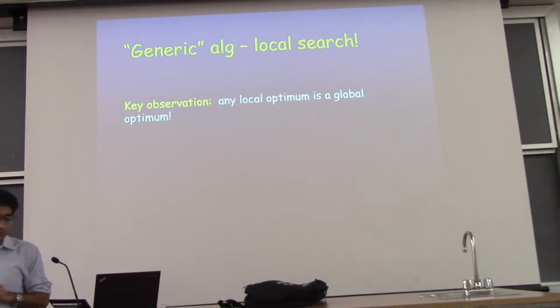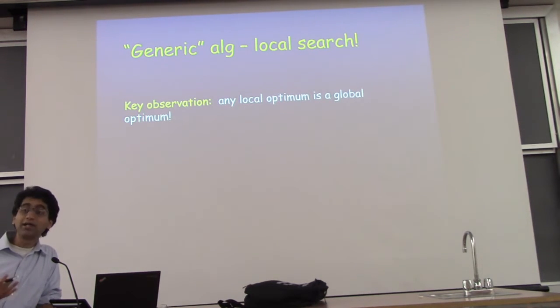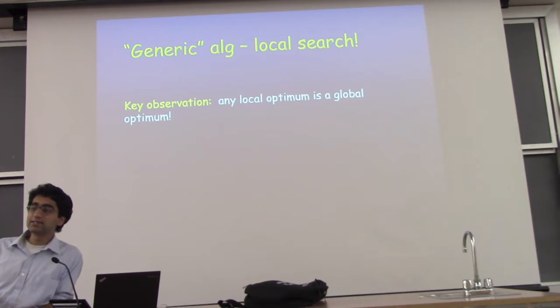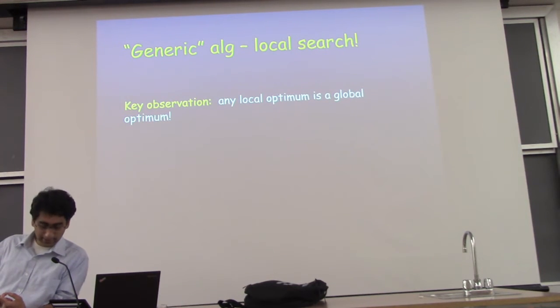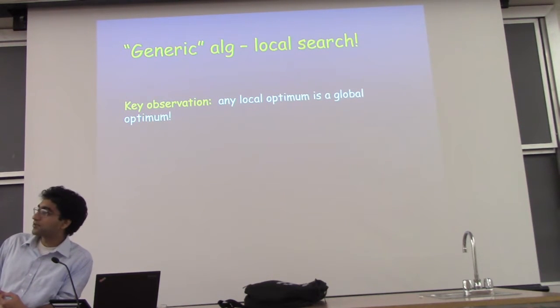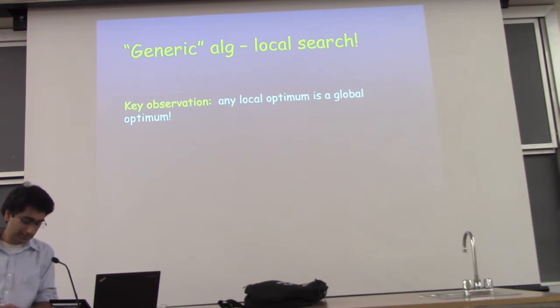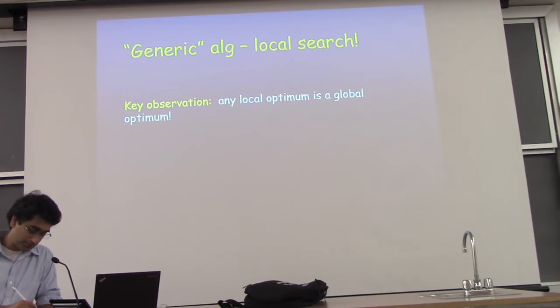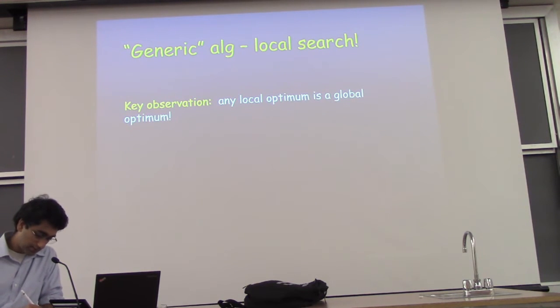All right. So what is an algorithm? I said that this is typically easy, which means you can solve it efficiently. And in some sense, the reason this special case is easy is because you can do some kind of local search. What does this mean? Suppose I have some convex function f.